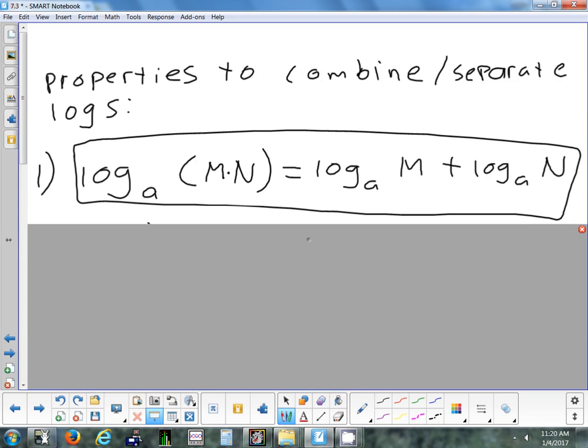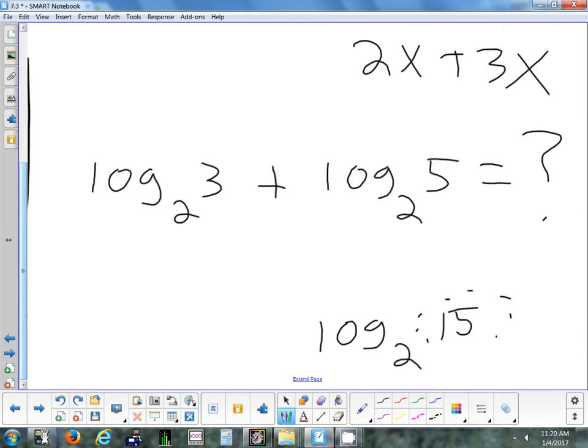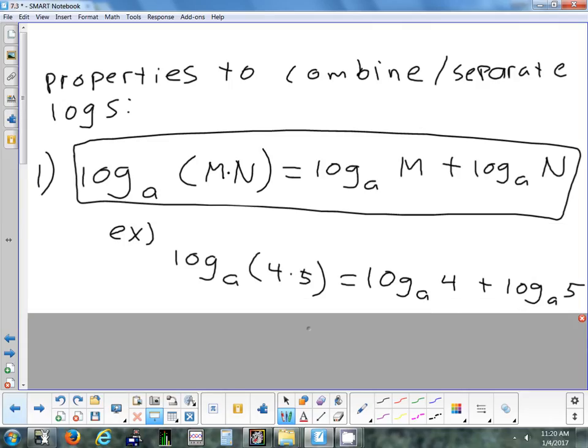What if I had something like this and I want to split 15 apart into two separate logs? Well, you can split it apart as a sum, and you just have to put the first factor here and the second factor there. So here's an example with the number 20.